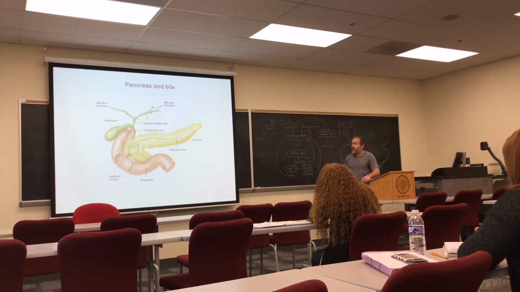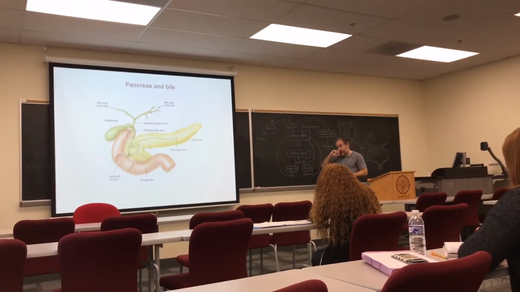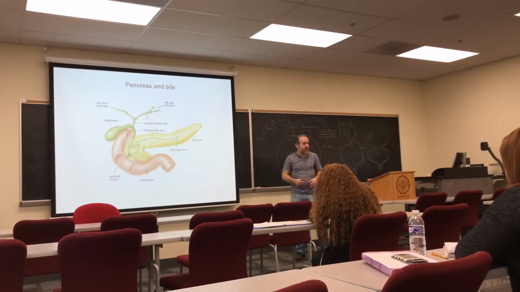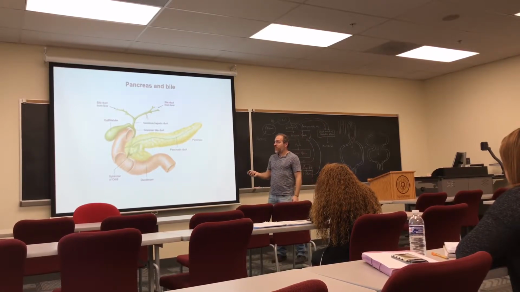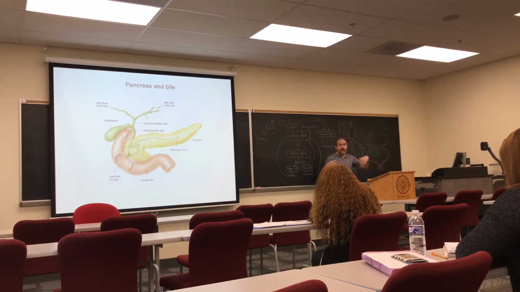All right, so now we broke down these food items into components. These are much smaller particles than whatever you bring into your stomach in the first place, obviously. But there are still some things that need further digestion.